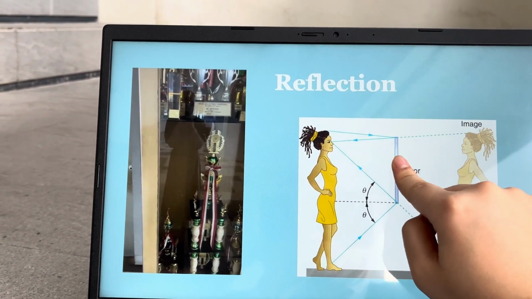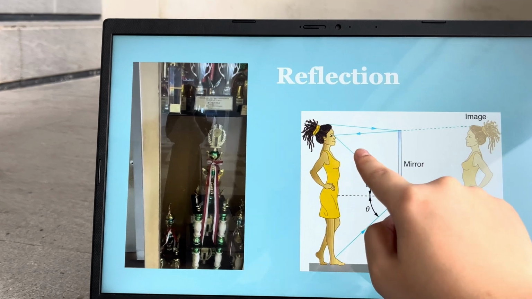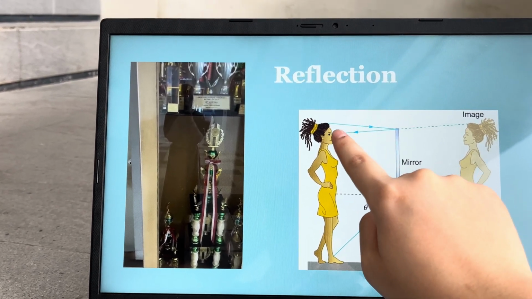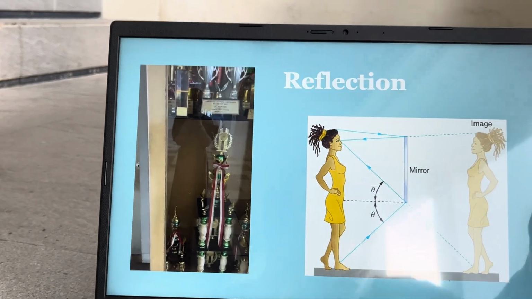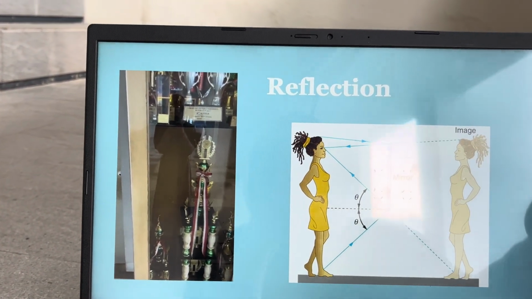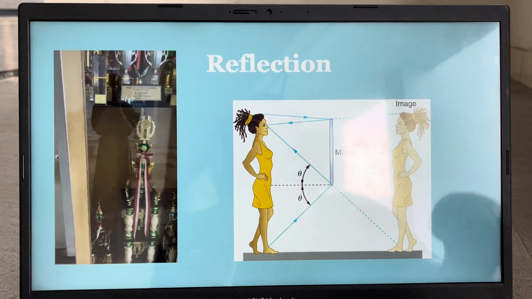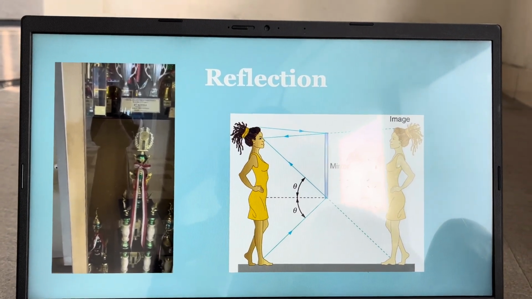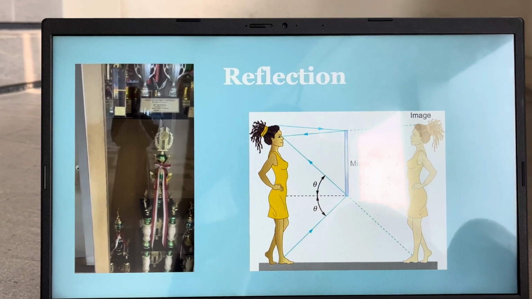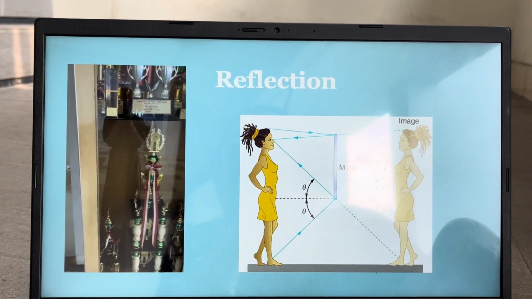It's the light that's reflecting off the mirror to you. So there will be light that goes to the mirror, and it will reflect, and you will see it in your eyes. And this is important in daily life because you would want to be tidy, neat, and presentable in a social instance, and also be healthy. And you can check that by looking at your skin and eyes and all that.